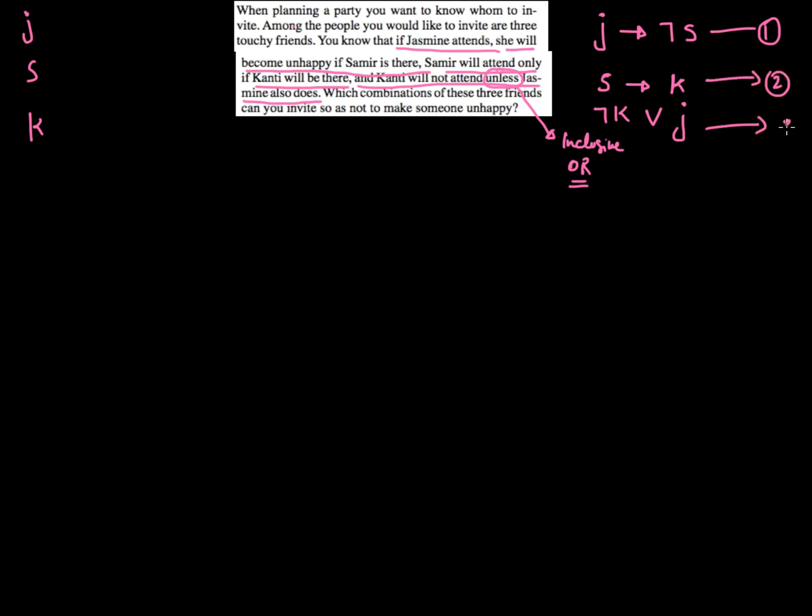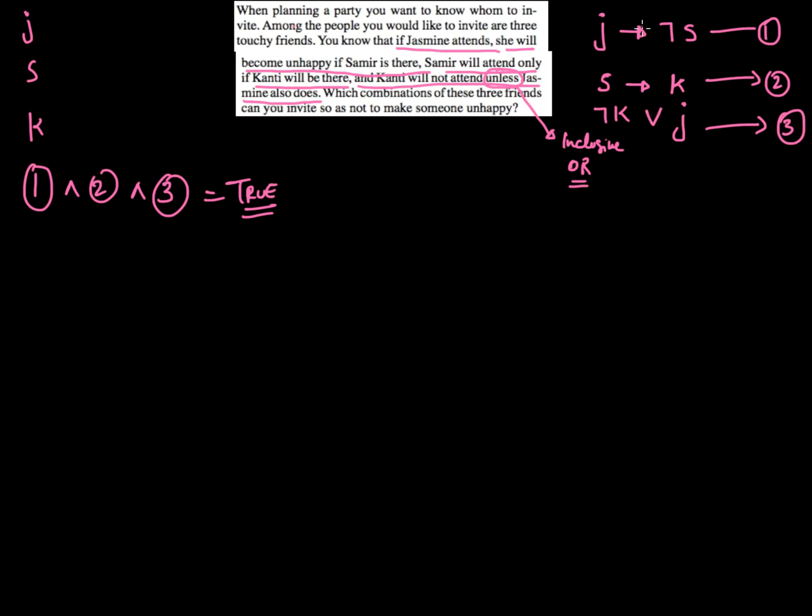Now all I have to do is make sure that for 1, 2, and 3, what is the appropriate value that the propositional variables can take on? Meaning, what are the appropriate truth values that J, S, and K can take on such that 1, 2, and 3 are all going to result in true, right?